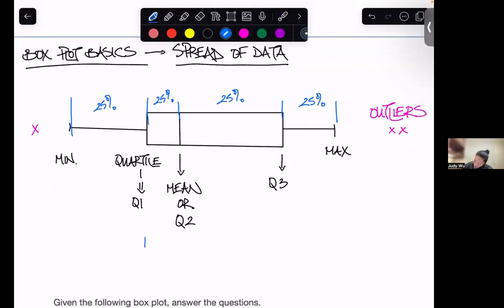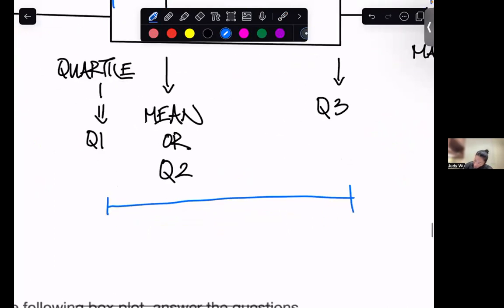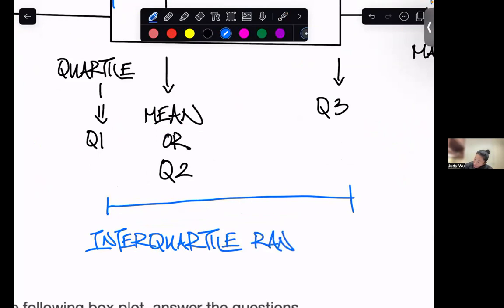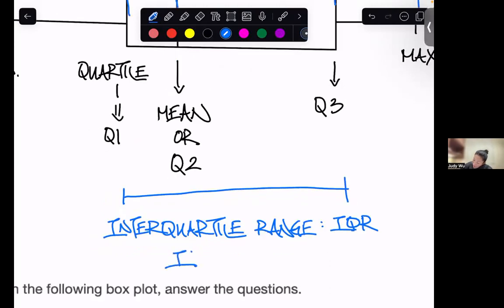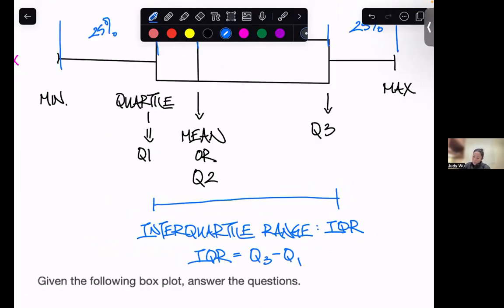If we take the distance from Q3 to Q1, we call that the interquartile range. And again, that's kind of a long word, so we'll just say IQR, interquartile range. The way we find the interquartile range is we take the difference between Q3 and Q1, okay?